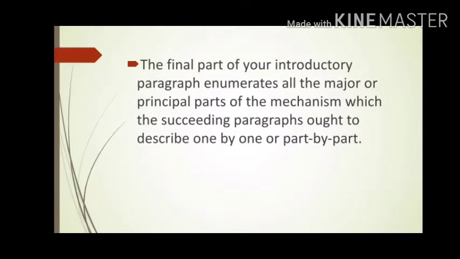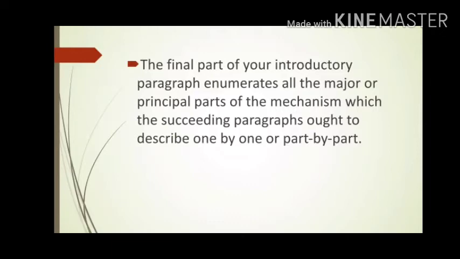After following all the process, you have to enumerate all the major parts or participant parts of your mechanism. By doing this, you are helping your readers to visualize an overview or picture of your mechanism. This also shows organization. Also, I have here a form you can follow for making your introduction.